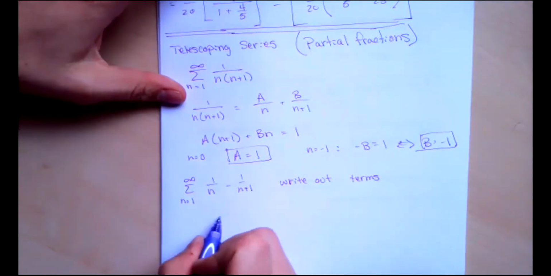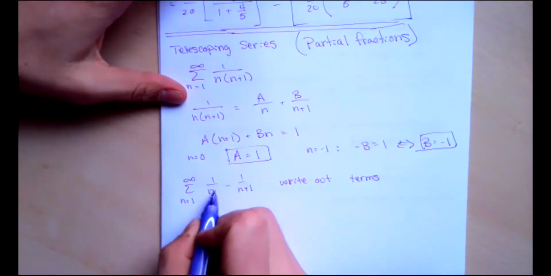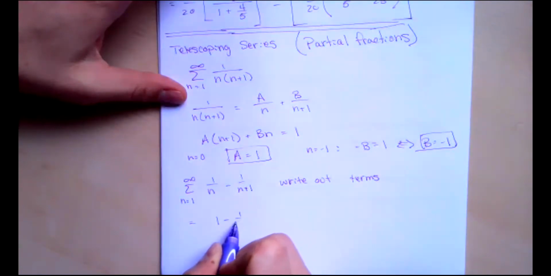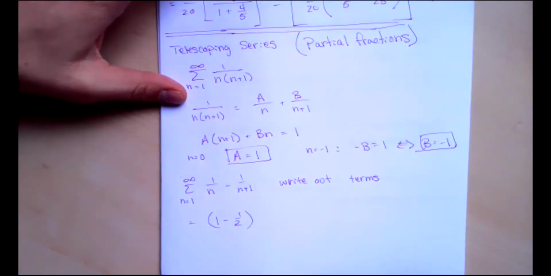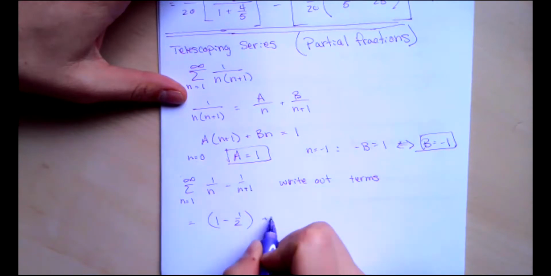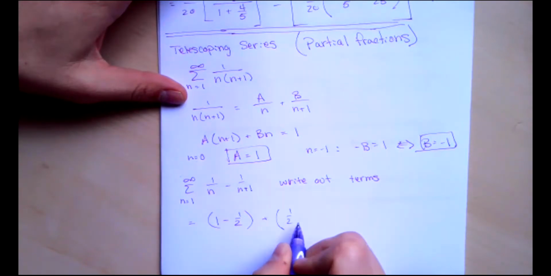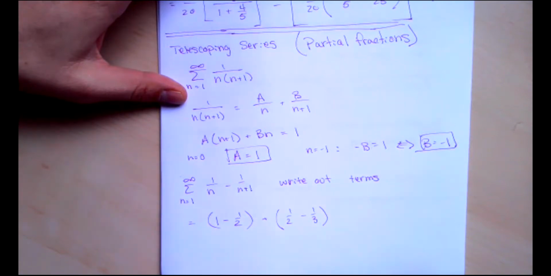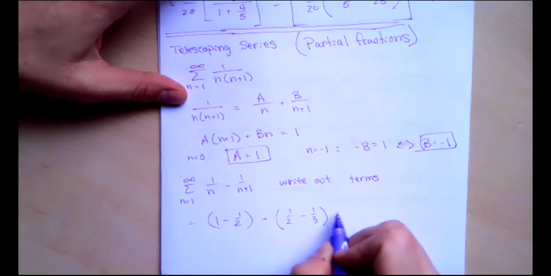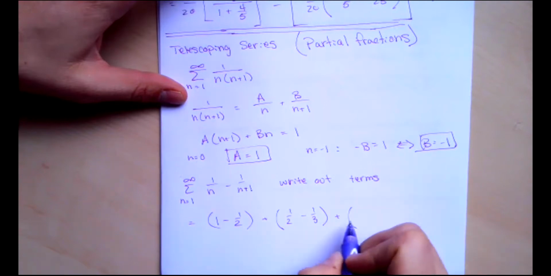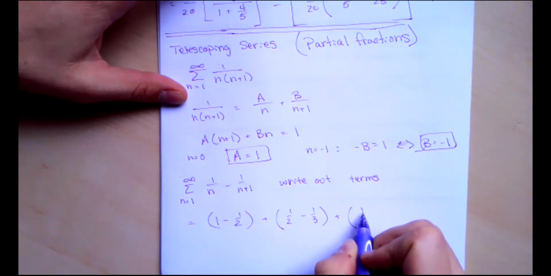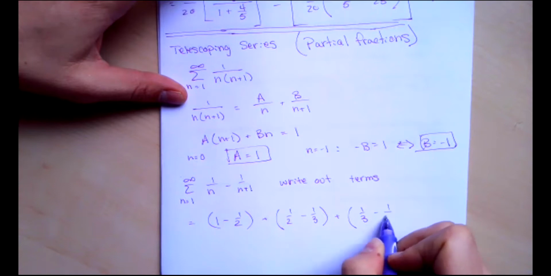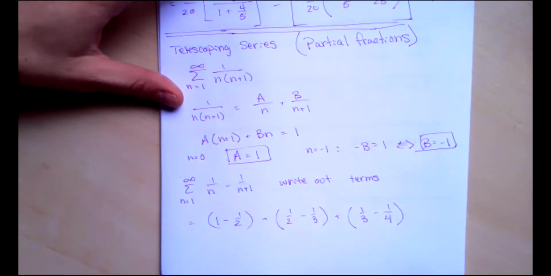If we take a look at what's going on, though, when n equals 1, we will have 1 minus 1/2. That's our first term. When n equals 2, we will have 1/2 minus a third. When n equals 3, we'll have 1/3 minus a fourth. And so what's going to happen?